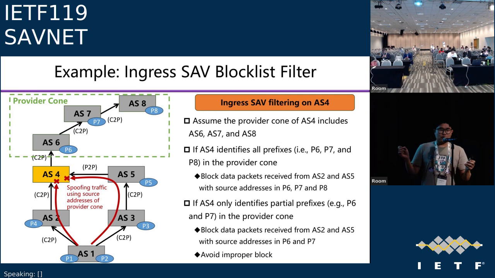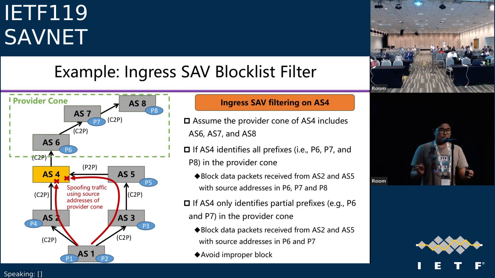We use an example to show the ingress SAV filtering by using the block list. In this example, AS6, AS7, and AS8 belong to the provider cone of AS4. If AS4 can identify all prefixes in the provider cone, it can block data packets received from AS2 or AS5 with source addresses in P6, P7, and P8.